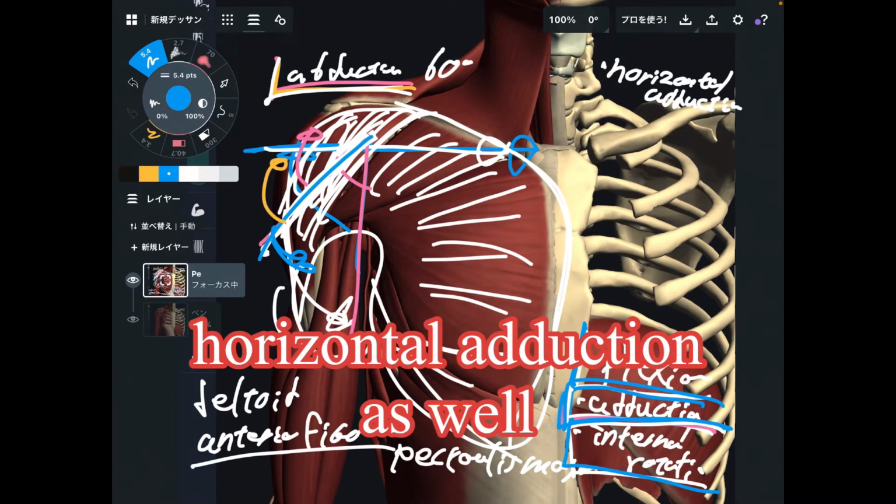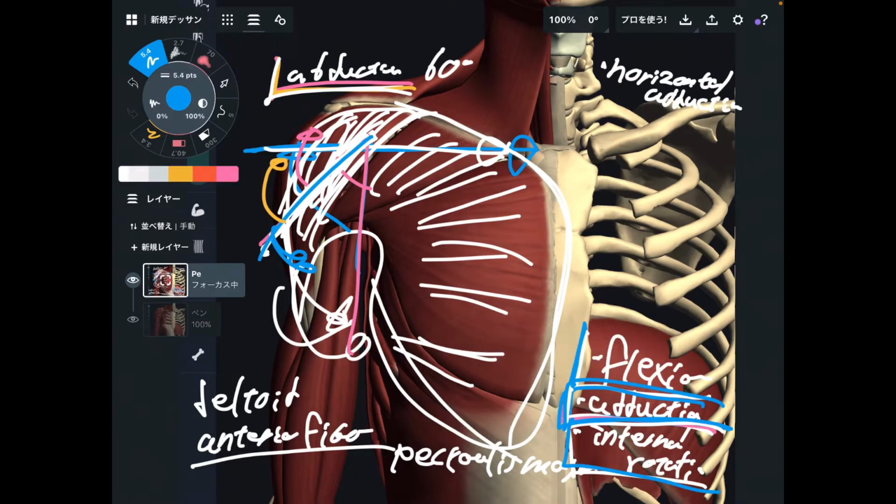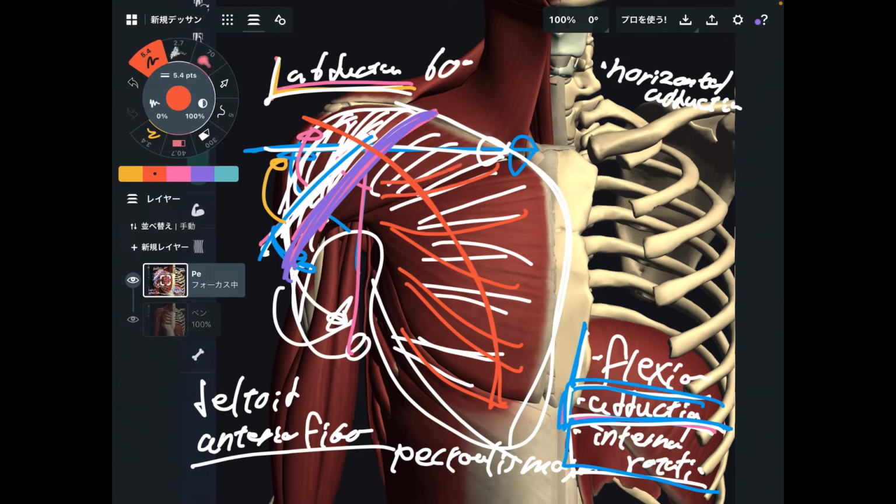That's similar to pec major, right? And I want you to focus on this part. This is like a separation between pec major and deltoid. I said separation, however, there's almost no separation between these two muscles. It's like all one continuous structure. If pec major gets tight, this tightness may affect deltoid.